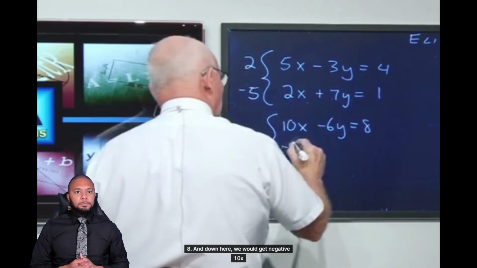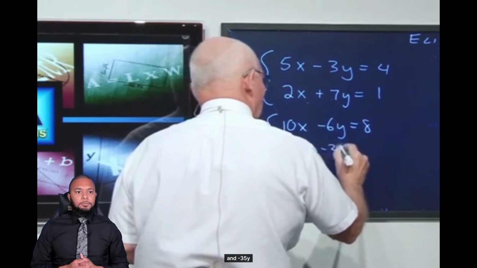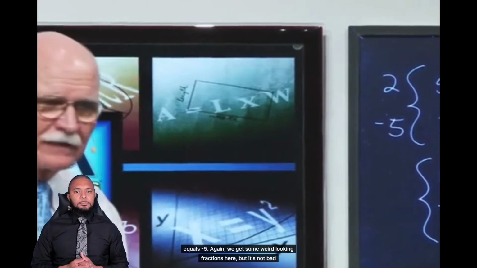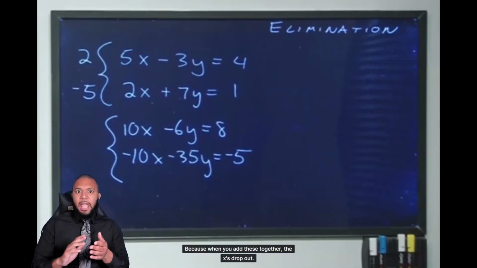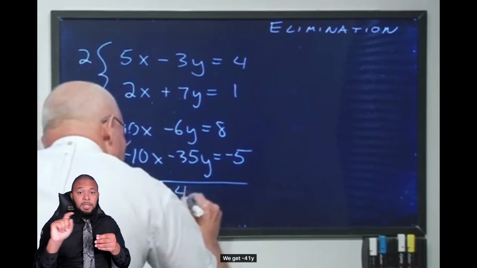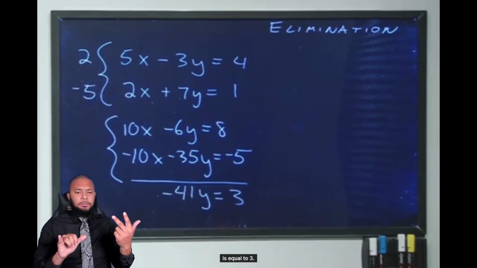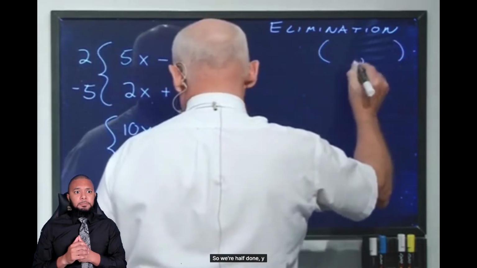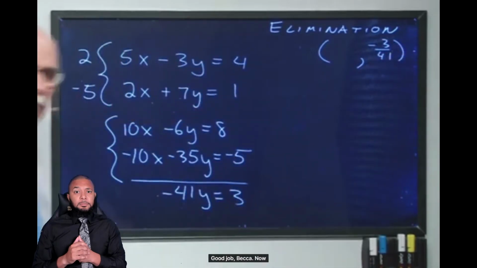And down here we would get negative 10x and negative 35y equals negative 5. Again, we get some weird looking fractions here, but it's not bad arithmetic at all. Because when you add these together, the x's drop out, we get negative 41y is equal to 3. Right? So we're half done. Y is negative 3 41s.